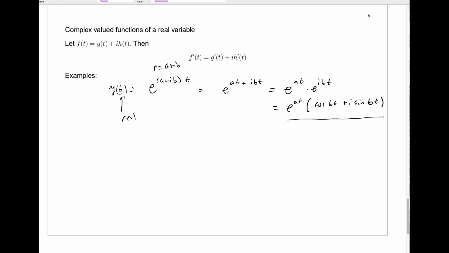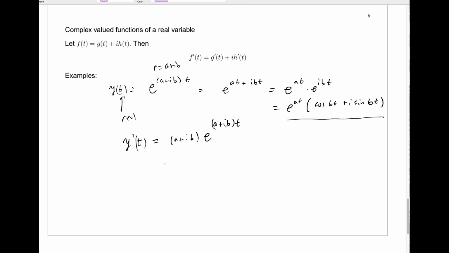And I want you all to check this, but you can compute that y prime of t, if you just differentiate this function, and I've already shown you how you can differentiate things with the real part and the imaginary part separately. I claim it follows the standard rules of differentiating for exponential functions, that you just get the number r, which is a plus ib, times e to the a plus ib times t.